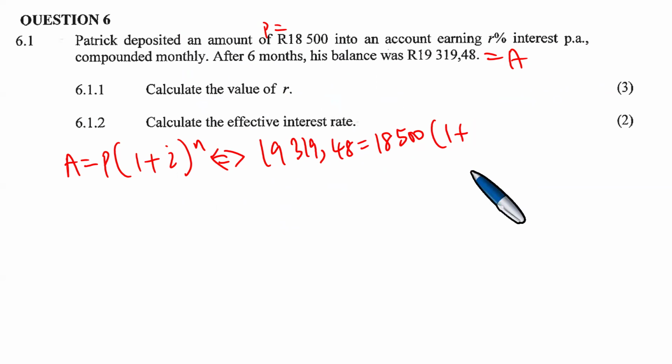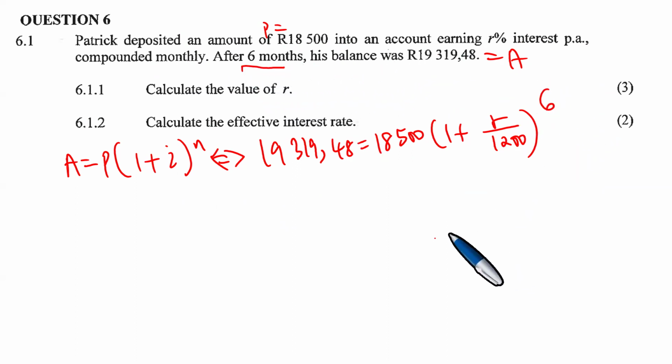It's R%, so you divide by 100, but it's compounded monthly, so you divide by 100 and then by 12 in the denominator. And after 6 months, his balance was this, which is exactly 6 months there.